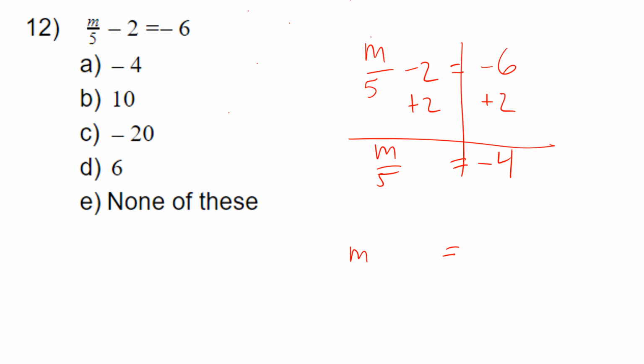And since I'm dividing by 5, I have to multiply by 5 to get these to cancel. And notice, m is all by itself now. So now I have to multiply by 5 on the other side, because what you do to one side, you have to do to the other side. And negative 4 times 5 is negative 20. And that's our answer.